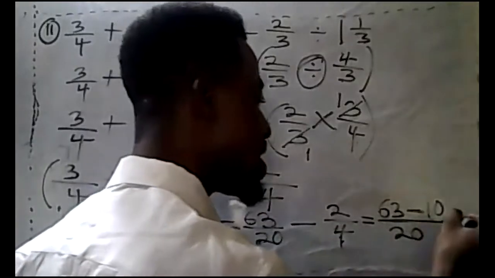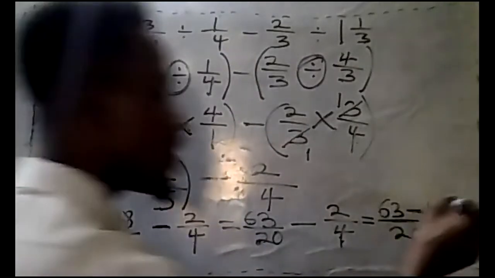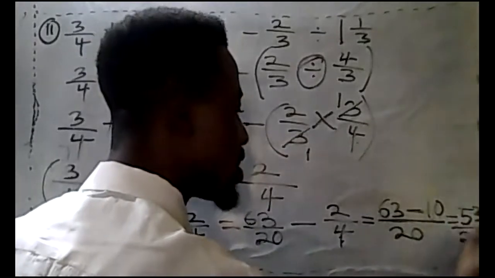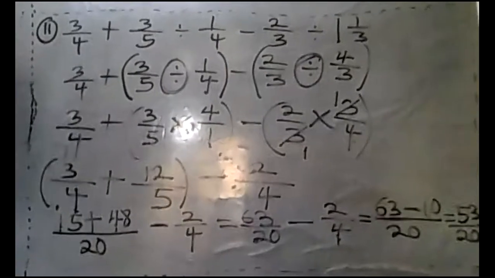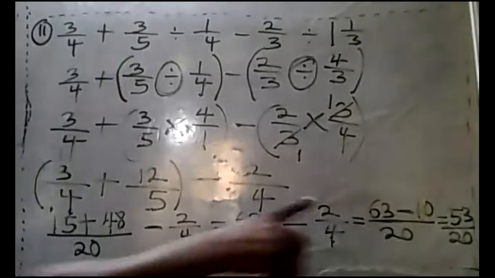So what is 63 minus 10? It is 53 over 20. Have you seen it? 53 over 20.